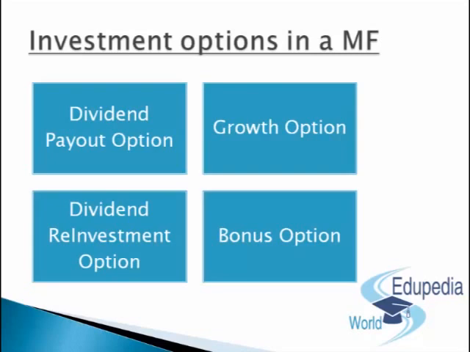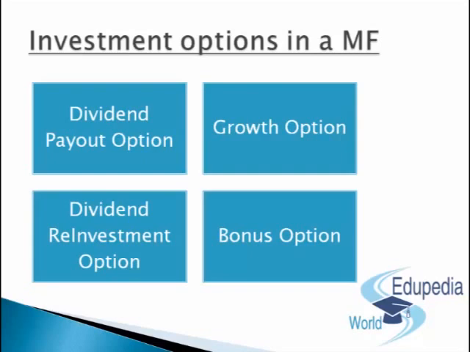There will always be a separate declaration of NAV for dividend, growth and bonus plans, and all these will be different once the dividend and bonus have been declared. So that was the crux of the investment options available in a mutual fund scheme.